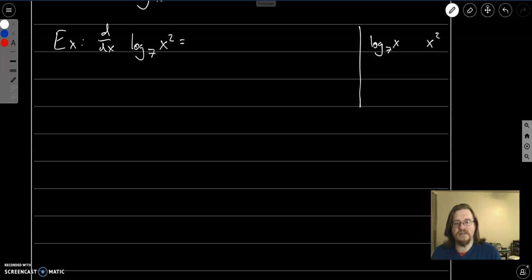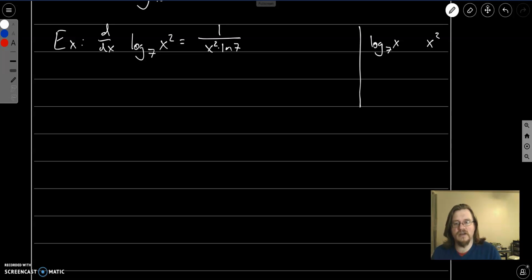So I take the derivative of the outside function, which is log base 7 of x. So this is going to be 1 over x times the natural log of 7. Except that instead of plugging in an x, I'm plugging in my inside function. So instead of an x, I'll have an x squared. So this is the derivative of the log base 7 with an x squared plugged in.